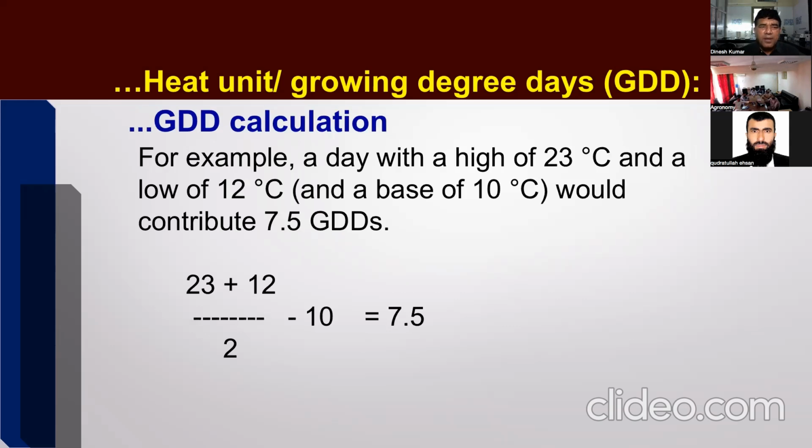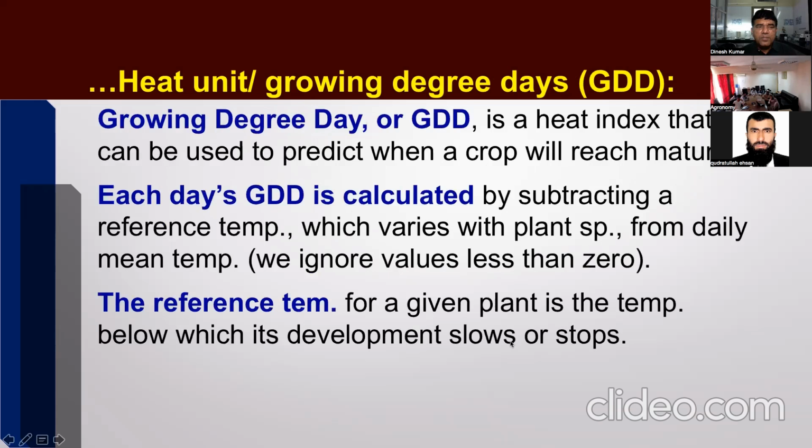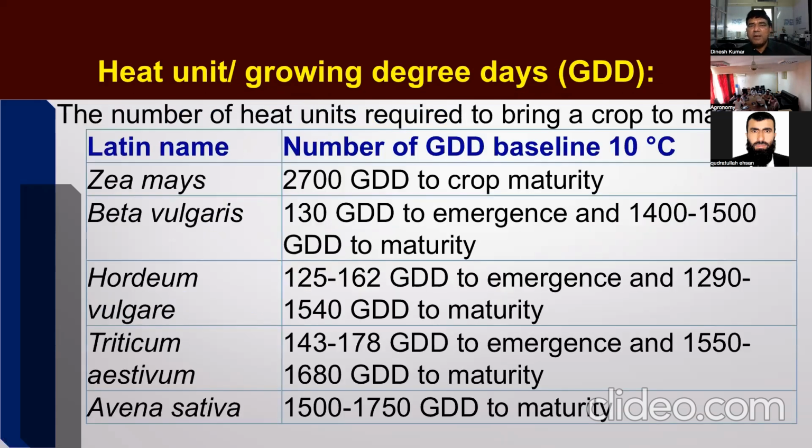Okay, see the example. A day with a high or maximum temperature of 23 degrees centigrade and a low of 12 degrees centigrade, and base temperature is always 10 degrees centigrade, would contribute 7.5 growing degree days in one day. So 23 plus 12 divided by 2, whole minus 10. So you get 7.5. Suppose it is 2700 growing degree days for crop maturity, and in one day the plant is getting 7.5.